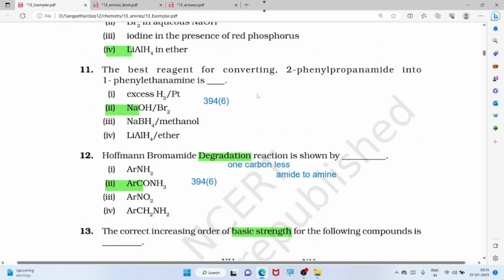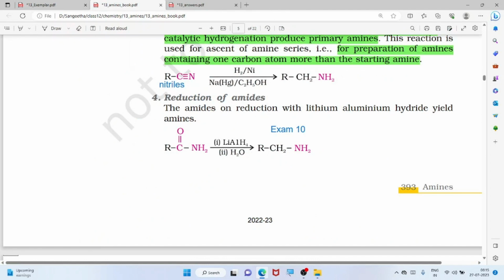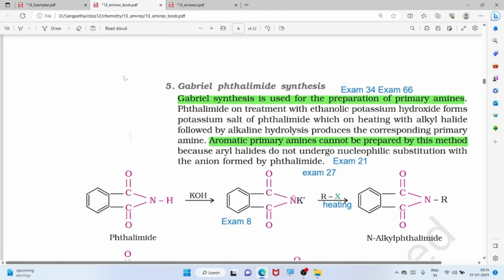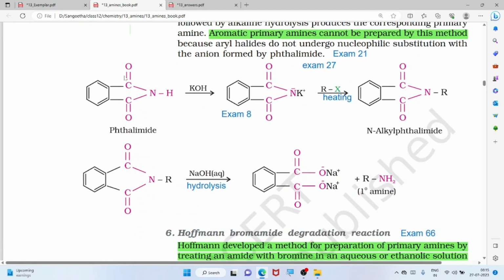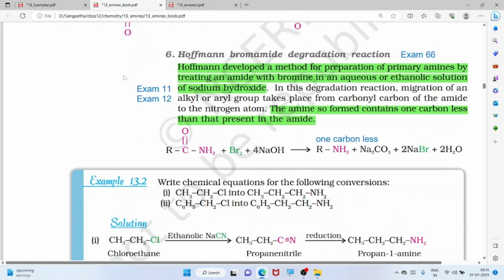The best reagent for converting this amide into primary amine. Okay, 6. This one, 6. This is the Hoffmann degradation reaction. We are getting one carbon less than what is there in this amide.